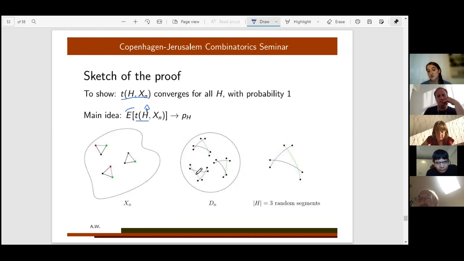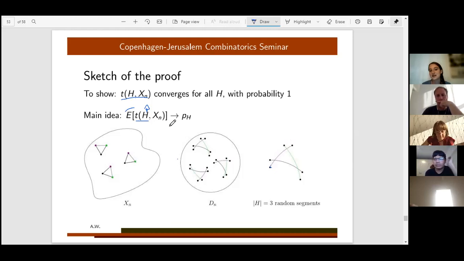In the drawing, this will look like crossing triangles, these three edges that pairwise cross. If we want to know the expected number of them, all we need to know is the expectation that 3 random segments on the sphere cross. This is some value pH.